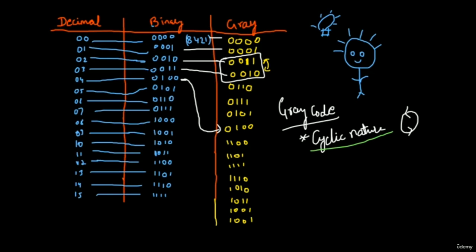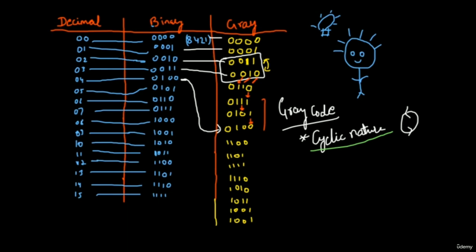After this point, you can see which bits have changed. 0 remained as 0, 1 remained as 1, and this 0 got updated to 1. And the next one, this 0 is updated to 1, and then the next one, this 1 is updated to 0. So this is the way it is happening, just 1 bit of change.